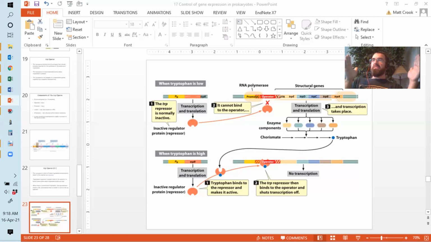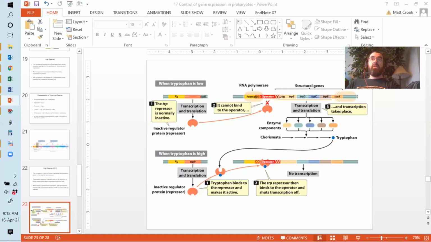Put my hands a little bit closer together so you can see them, right? In between that, we need to fine tune the levels of trp operon expression. And the reason is that the use of tryptophan in making proteins is not constant. Some proteins need more than others.